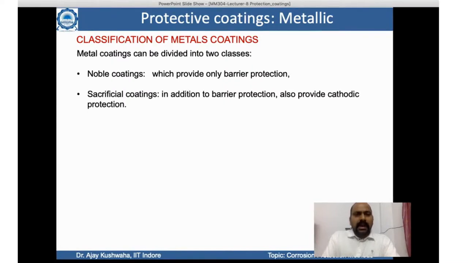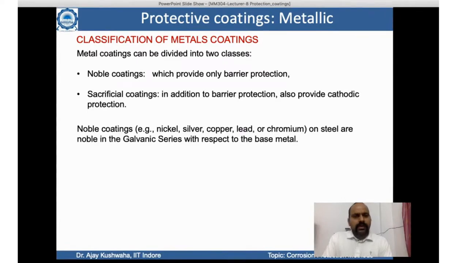The other way around, we can use a sacrificial coating, which in addition to barrier protection also provides cathodic protection. Here the coating layer degrades first, and in this way you protect the inner layer. Noble coatings could be nickel, silver, copper, lead or chromium on steel, because noble is a relative term.